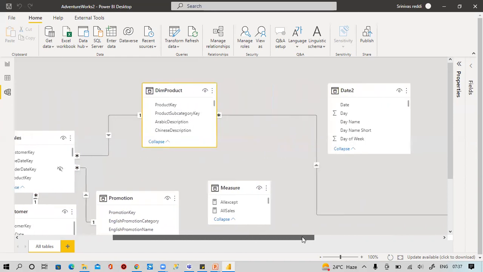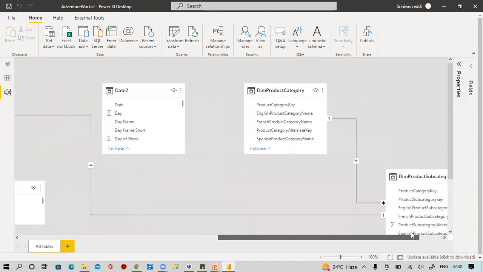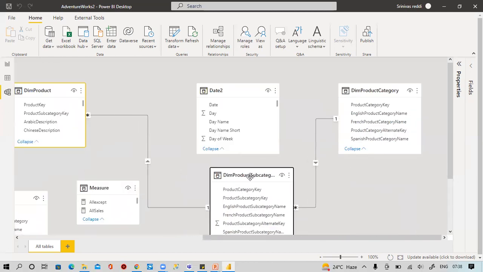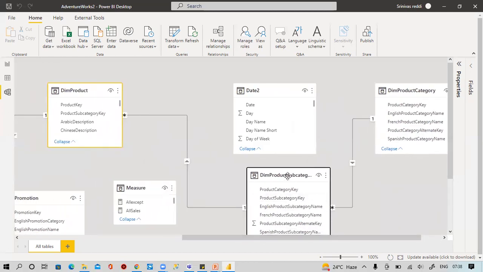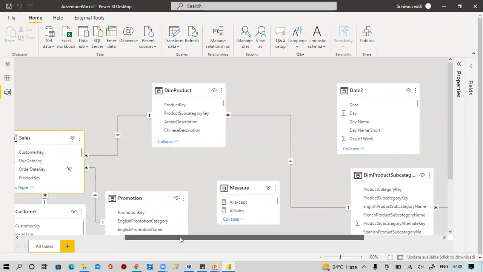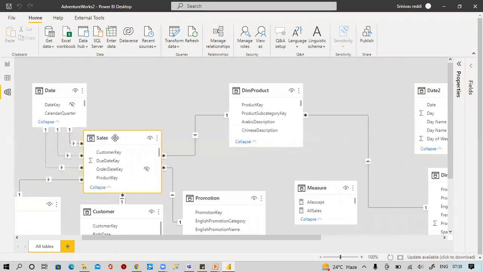In the same way, subcategory is slicing the dim product, not dim product slicing the subcategory, which means subcategory will slice the dim product, which will slice the sales.